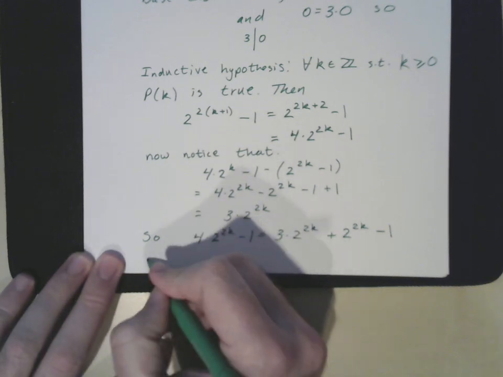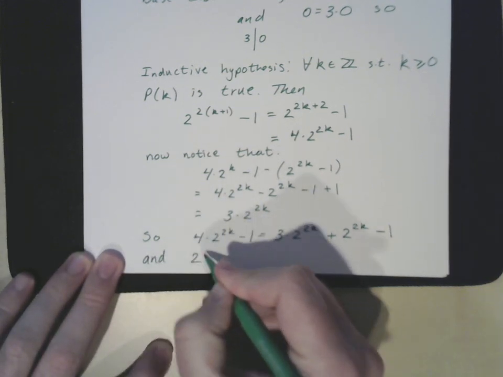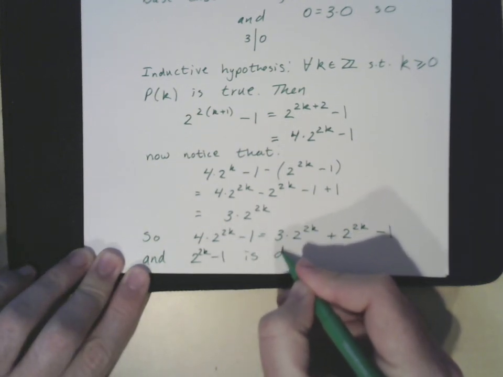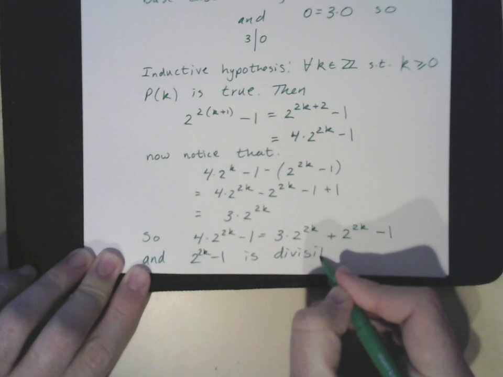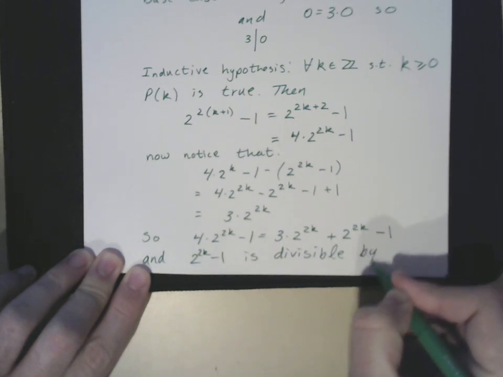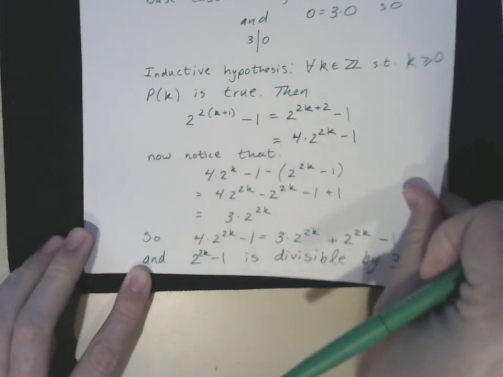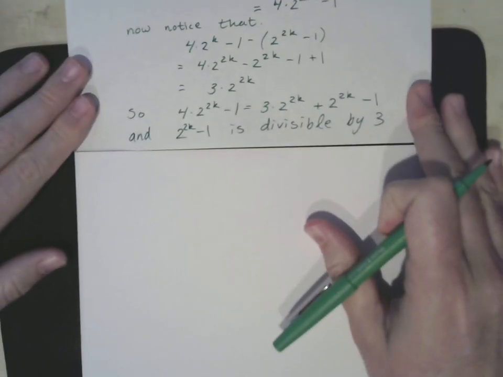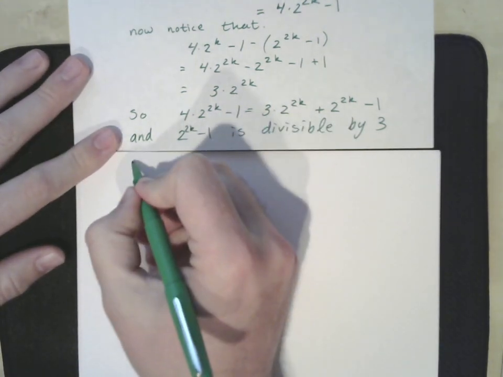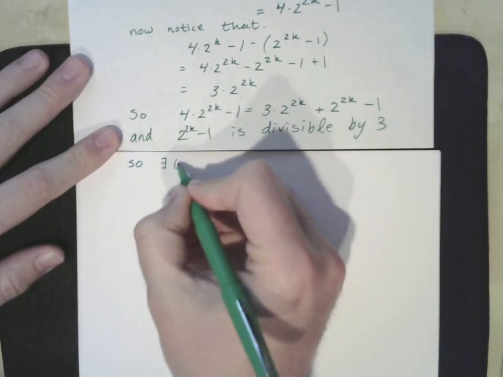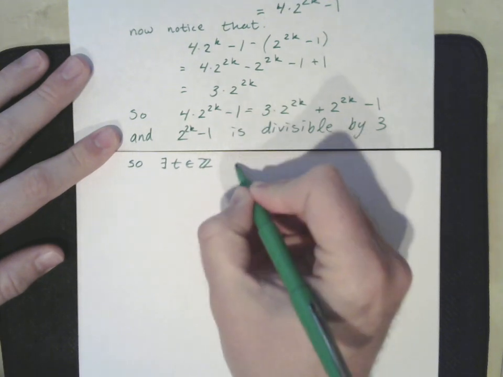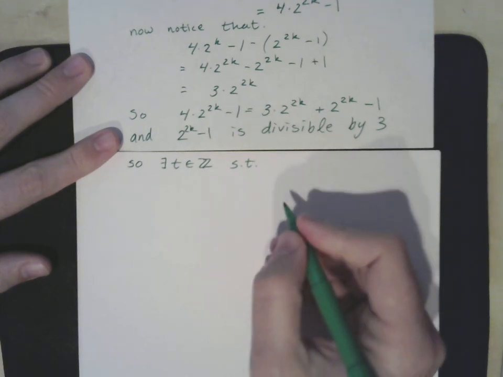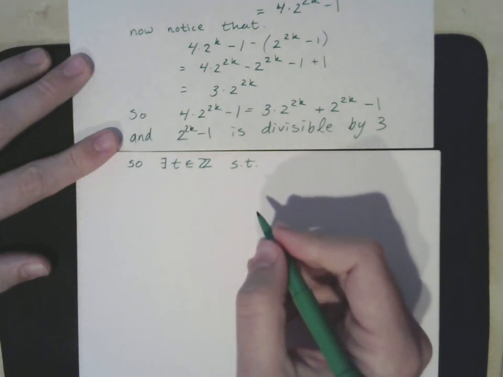So we can say, and 2 to the 2k minus 1 is divisible by 3. So there exists some integer t such that we have a multiple of 3.